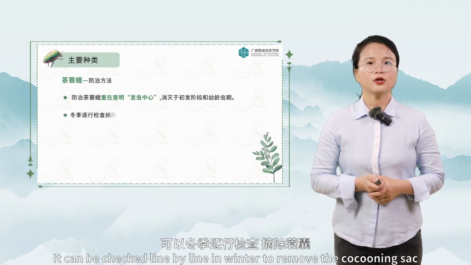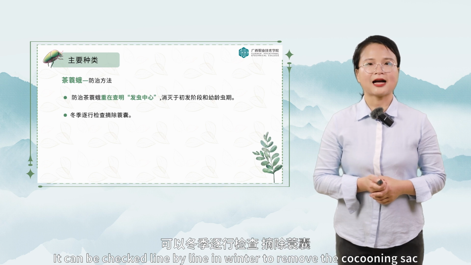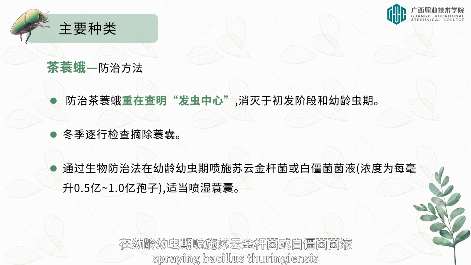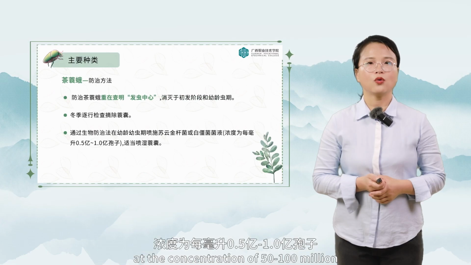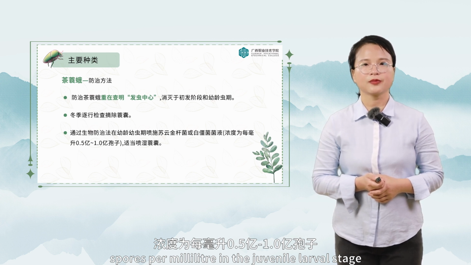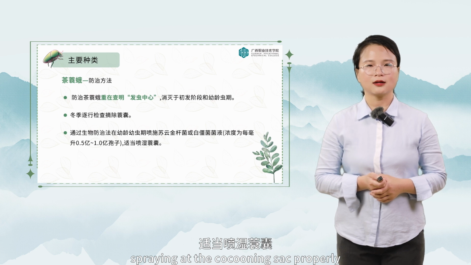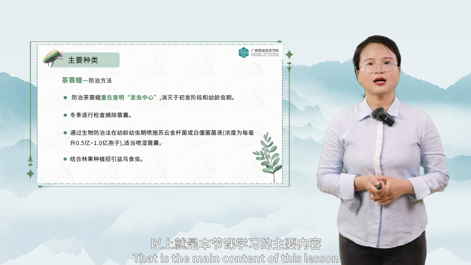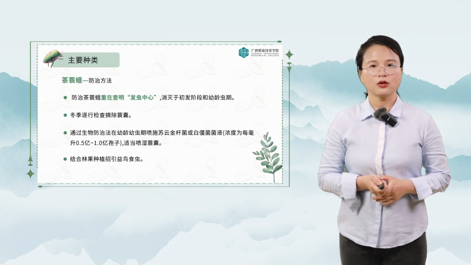It can be checked line by line in winter to remove the sac, or by biological control method, spraying Bacillus thuringiensis or Beauveria bassiana solution at the concentration of 50 to 100 million spores per milliliter in the juvenile larval stage, spraying at the cocooning sac properly, and combining with the cultivation of forest fruits to attract beneficial birds and insectivorous insects. That is the main content of this lesson.